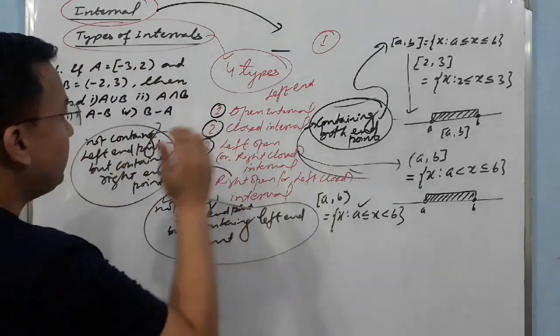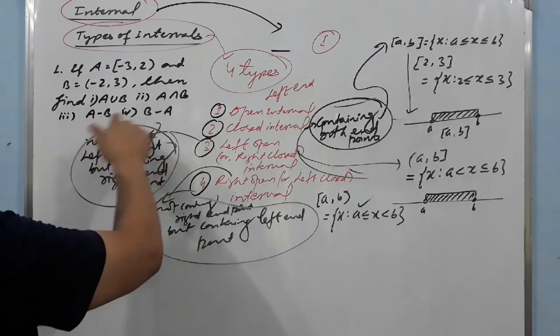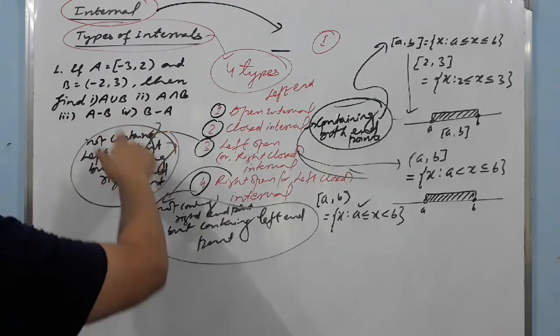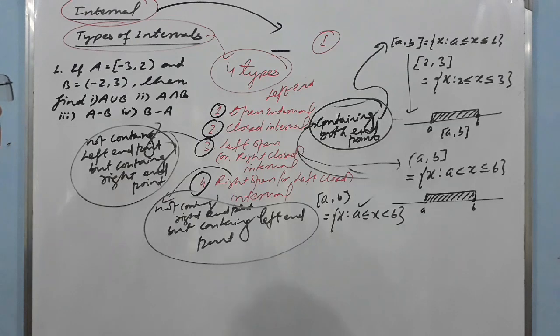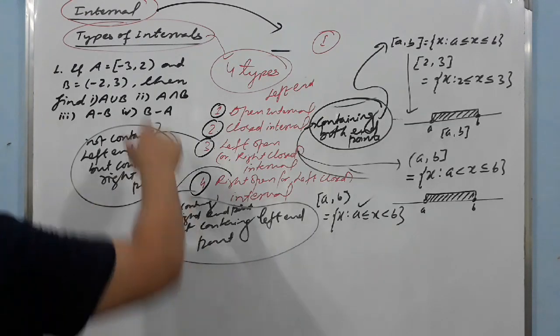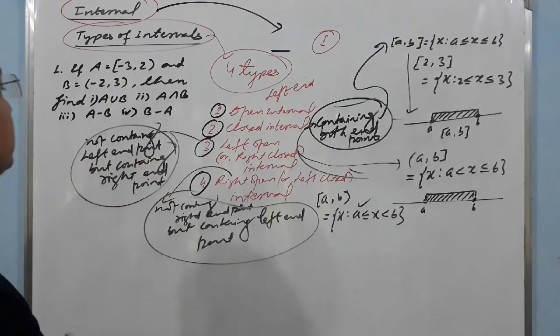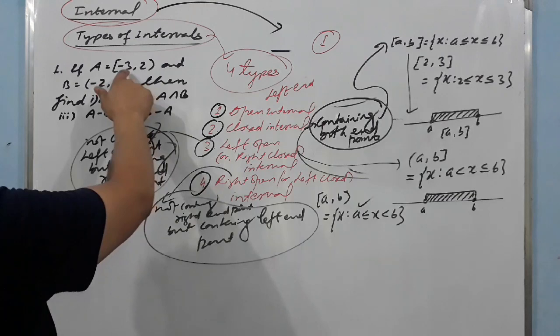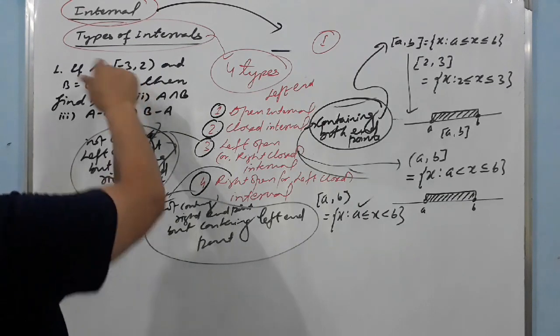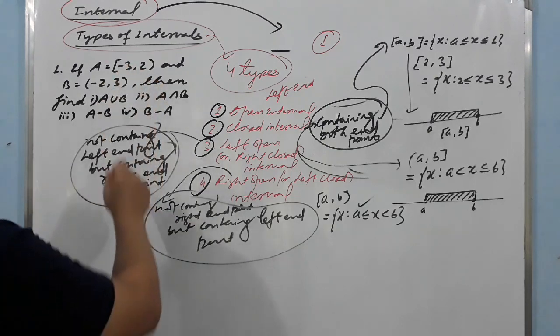All right, now I'm going to tell you how to find A union B, A intersection B, A minus B, B minus A, because here A and B are in terms of intervals. A is a set, B is a set, and these are also called intervals. A and B are the intervals here. One interval is left closed or right open. This one is an open interval.